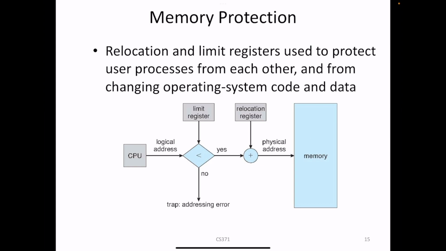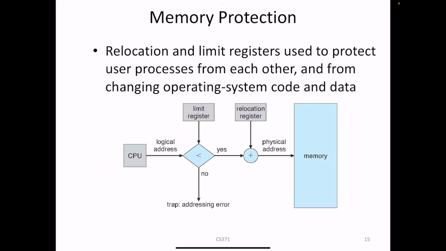Down below, this figure illustrates how to implement the memory protection. When the CPU gives a logical address, it will be checked by the limit register to see whether it is legitimate. If yes, the MMU will add this logical address to the relocation register to get a physical address and send this address to the main memory, then get the data or instructions we want.